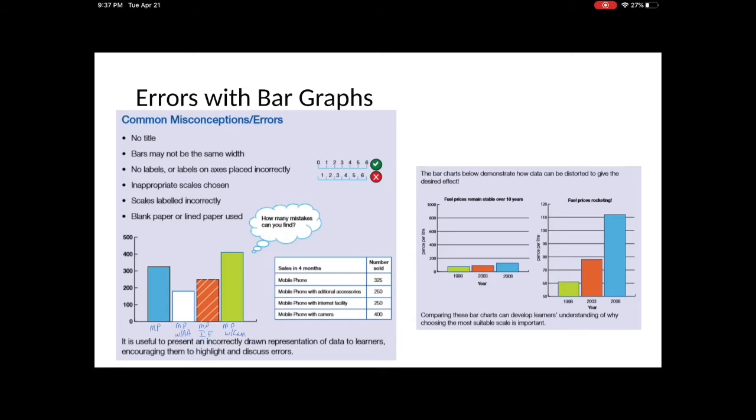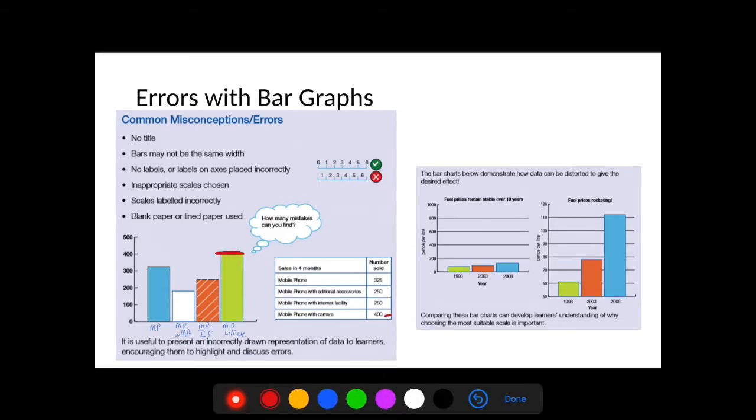So we can add the labels, and another thing that we notice is that one of the bars is the incorrect height. Here we have the 400, here we have the 325, here we have the 250, and so this guy should also be 250.